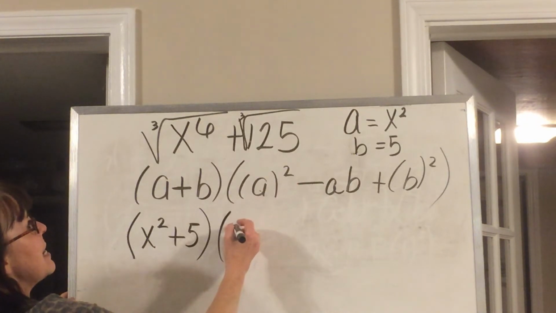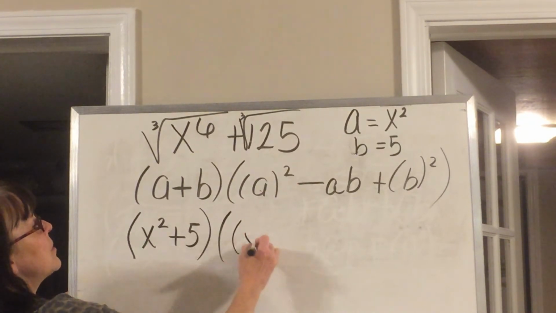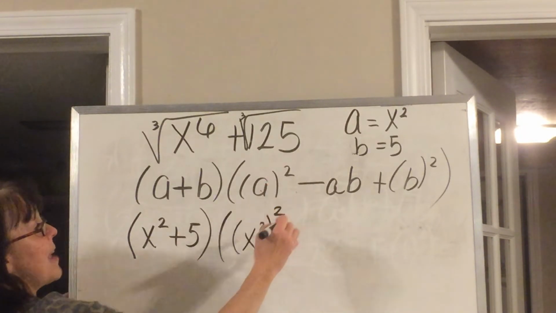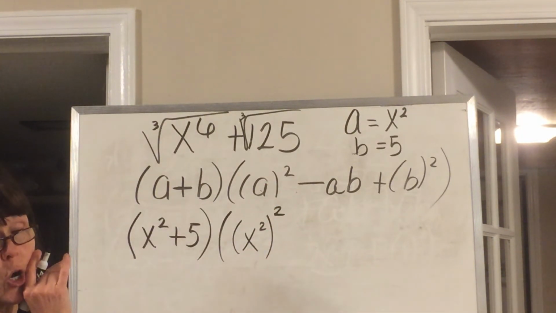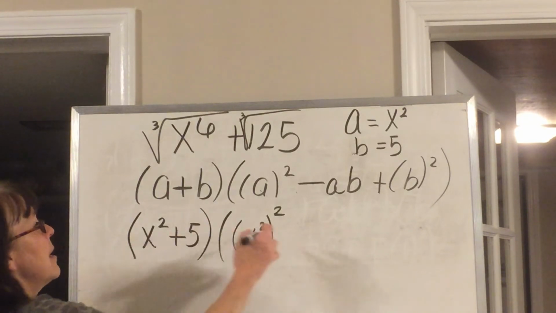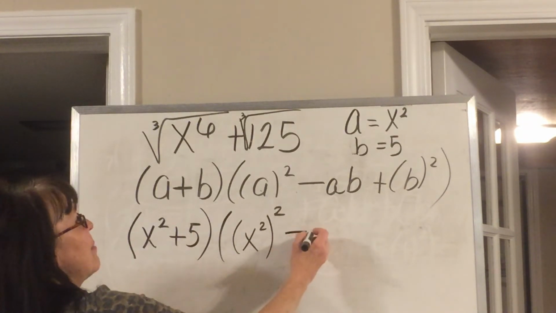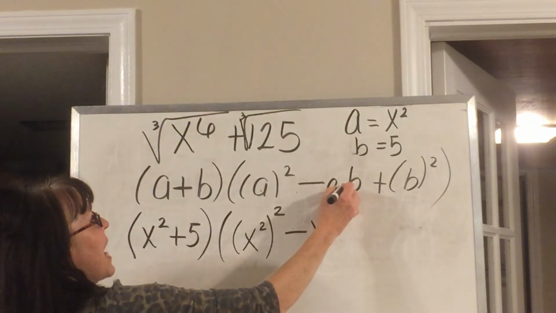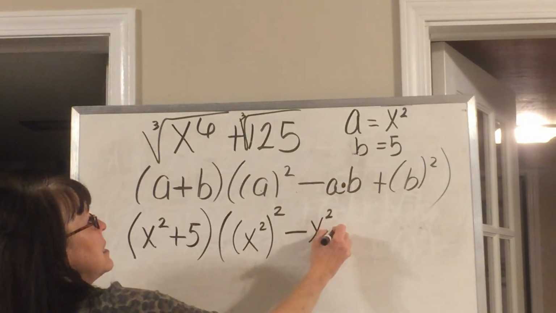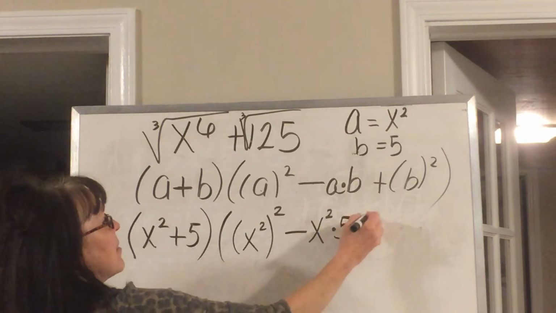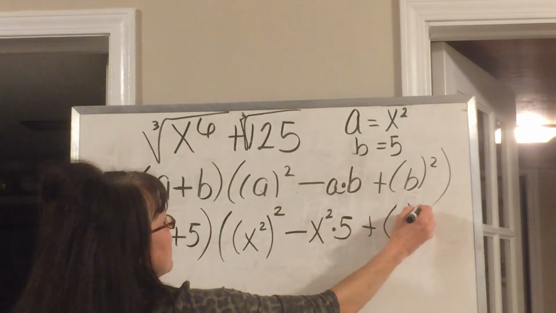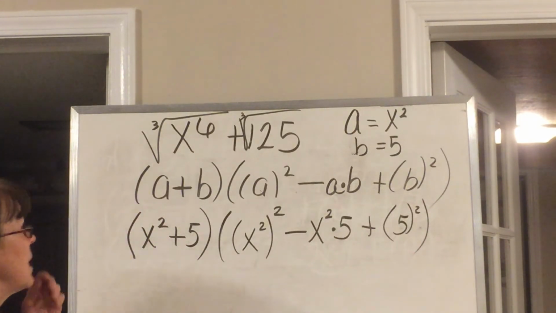The A is x squared, but then you have a square on the outside. Power rule, multiply those exponents. They have a minus, I have a minus. A is x squared, there's a times sign there, times B is 5. Plus, B is 5, and you have to square it.